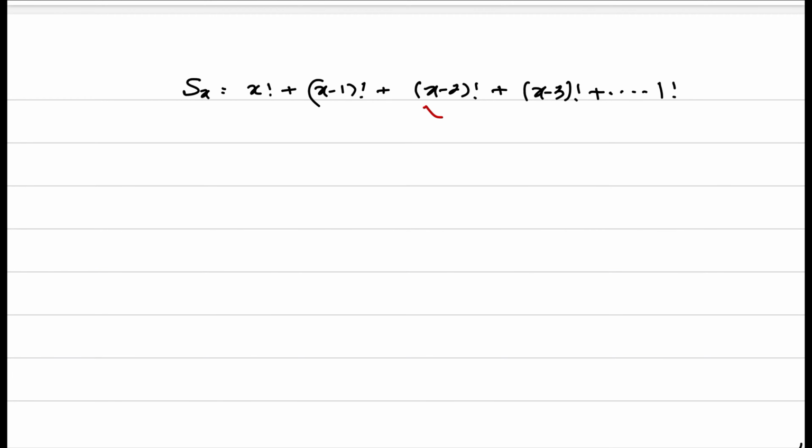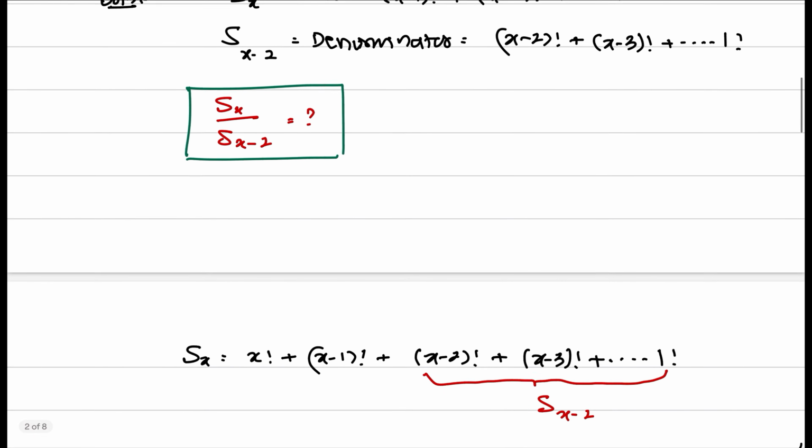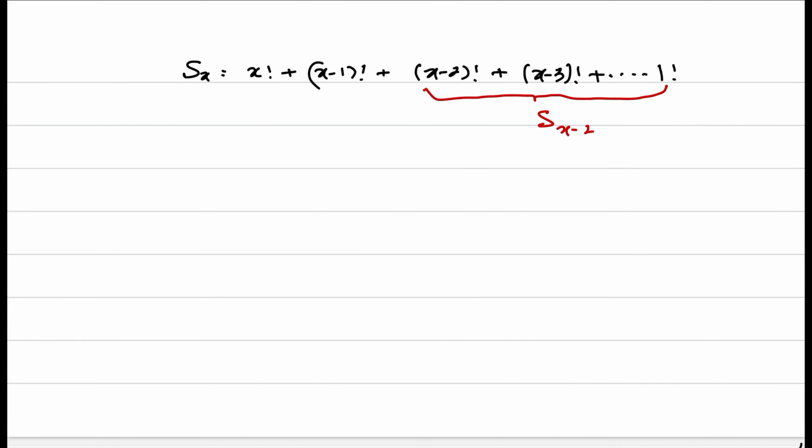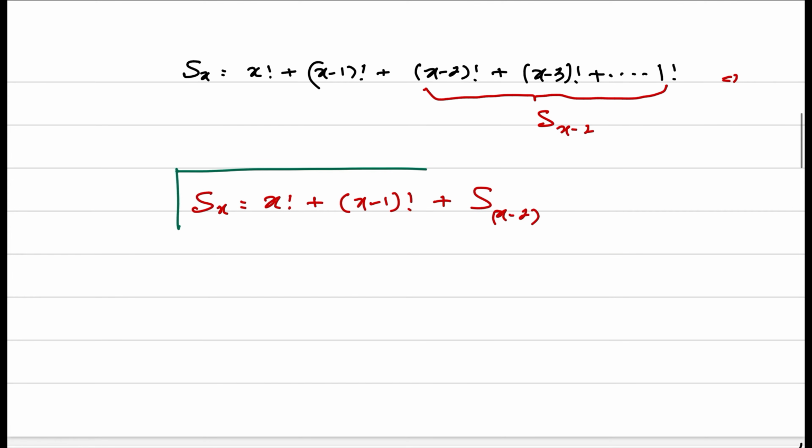What is the value of it? From the definition we have given, factorial x minus 2 plus factorial x minus 3 up to 1 is Sx minus 2. That implies Sx is equal to factorial x plus factorial x minus 1 plus Sx minus 2. Can we write like this?